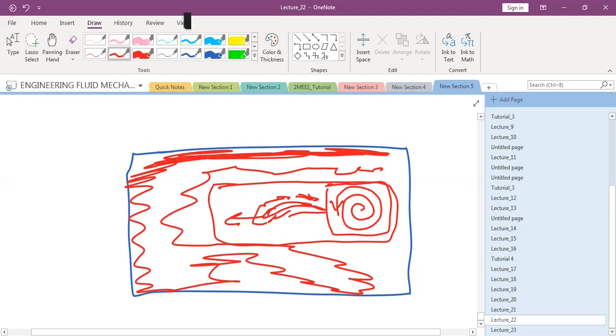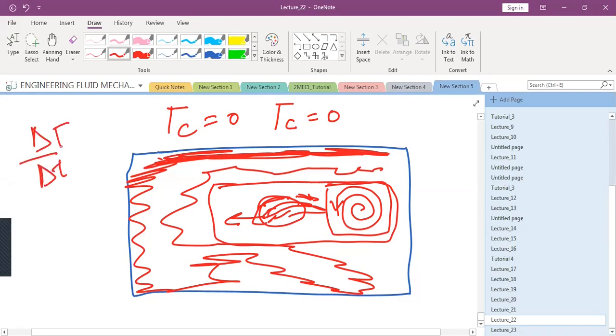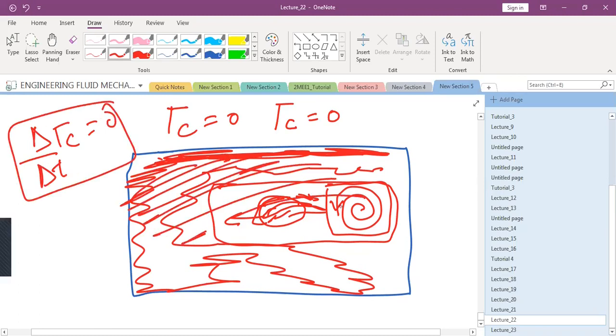So you know that by moving a very small object, you cannot make the entire tank go into rotational motion. That is a practical difficulty. So originally this was 0 for the tank, and afterwards also it is 0 when it was moving. So you see that this is equal to 0 for the entire fluid in the tank.